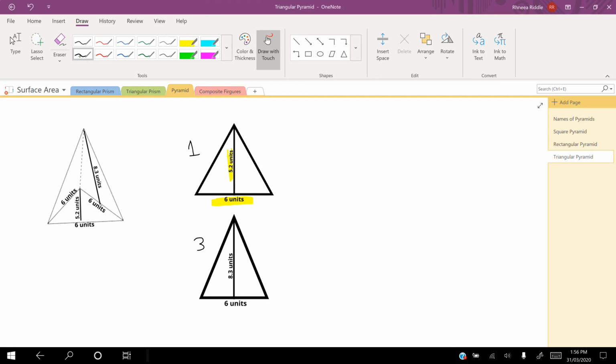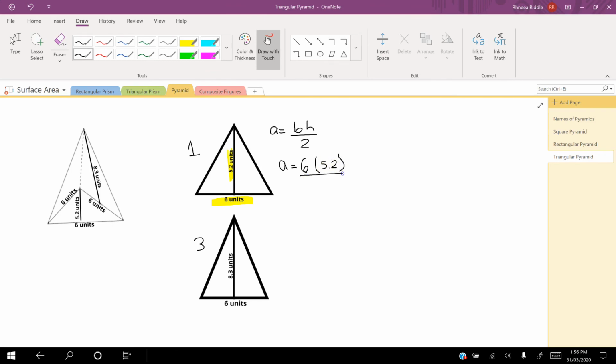So now we can go ahead and find the area of each face. So our base is a triangle, so we're going to do base times height divided by 2, or 1/2 base times height. Both of those work. So our base is 6 units and our height is 5.2 units.